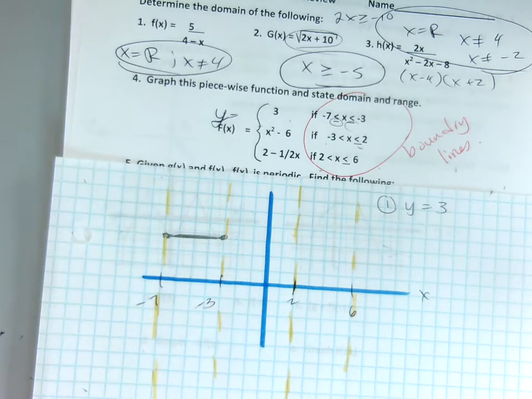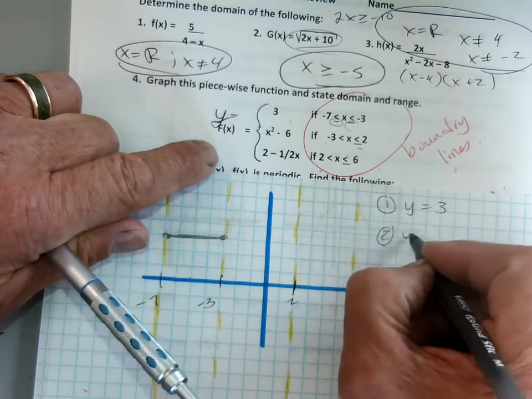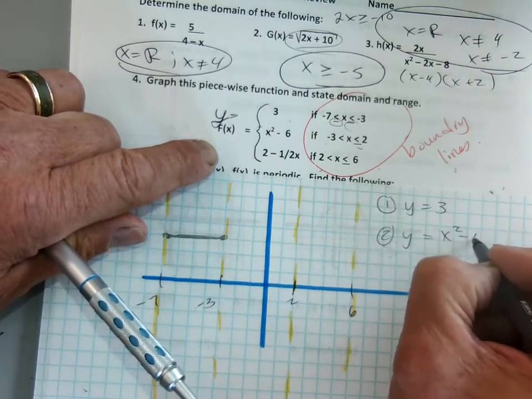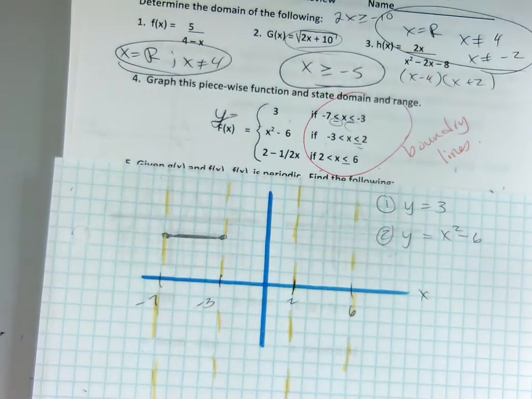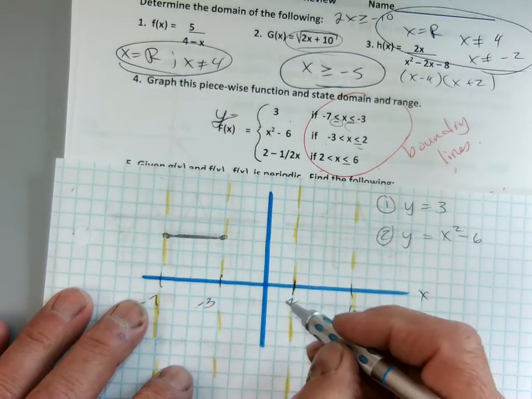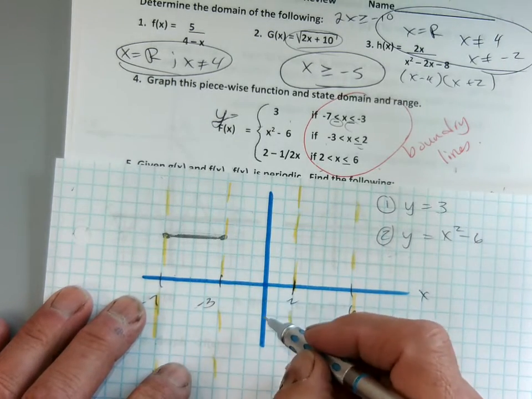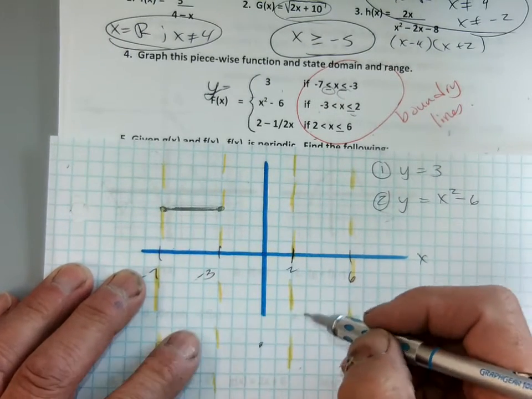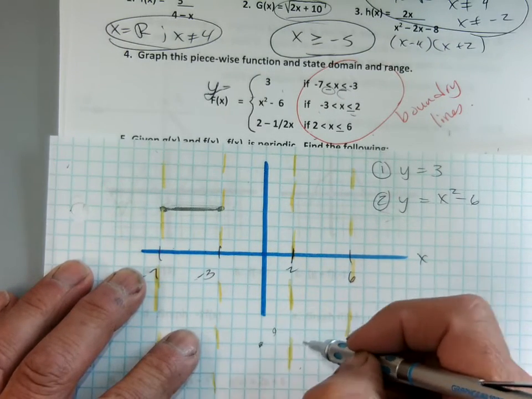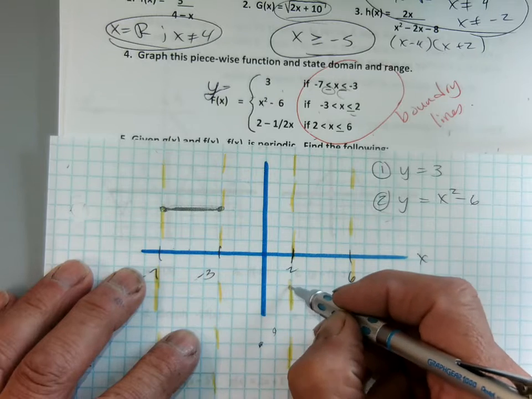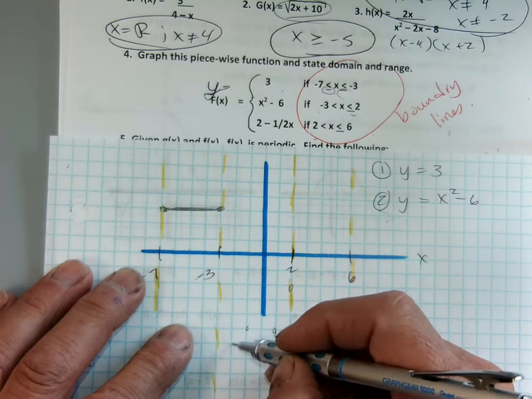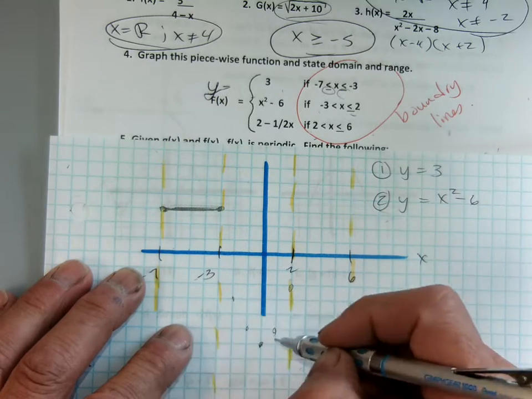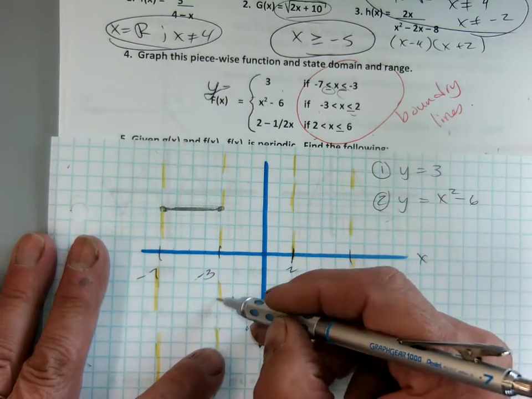The second equation, which is y equals x squared minus 6, starts at negative 6 on the y-axis. 1, 2, 3, 4, 5, 6. Since it's an x squared, I just like the 1, 1, 2, 4, 1, 2, 3, 4, 1, 1, 2, 4, 1, 2, 3, 4, and 3, 1, 2, 3, 4, 5, 6, 7, 8, 9.